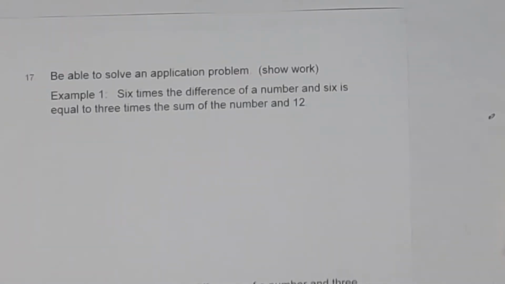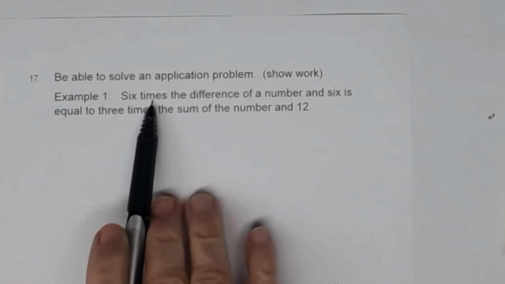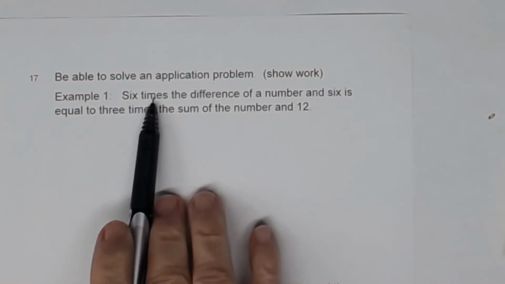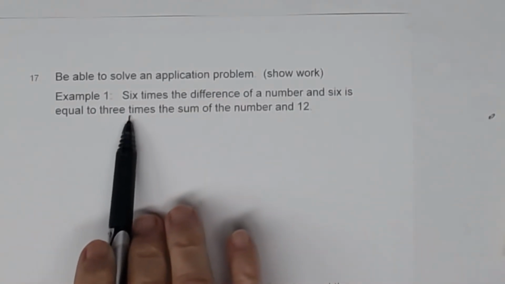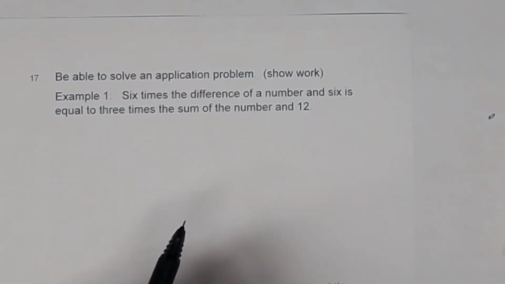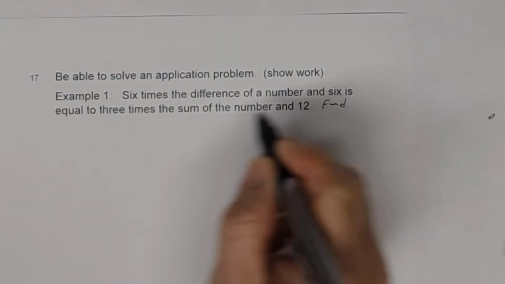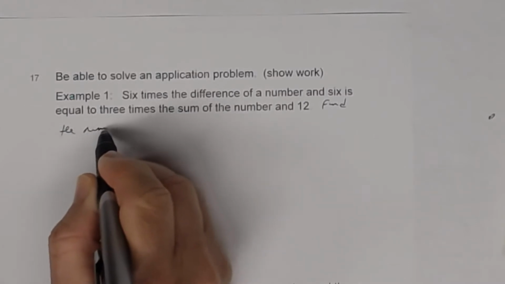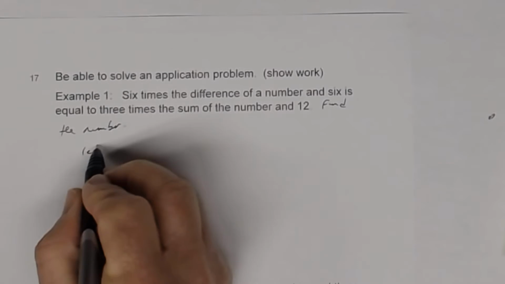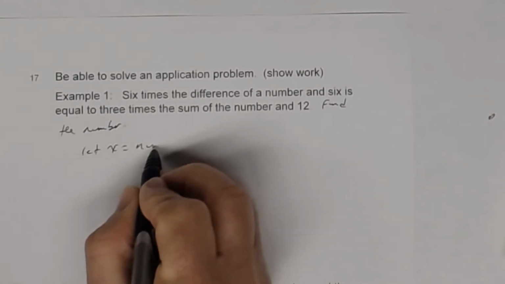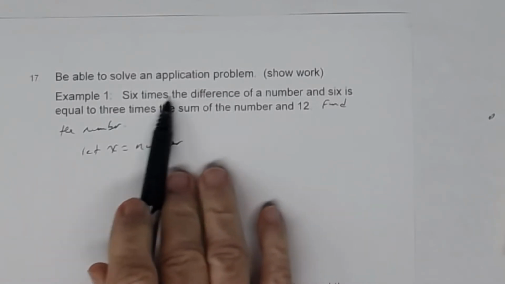Okay, so in 17, you need to be able to solve an application problem. 6 times the difference of a number and 6 is equal to 3 times the sum of a number and 12. You want to find the number. Let x equal the number, and you write your equation based on how you read this.